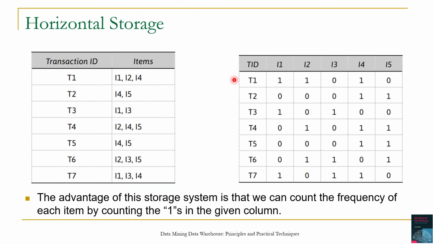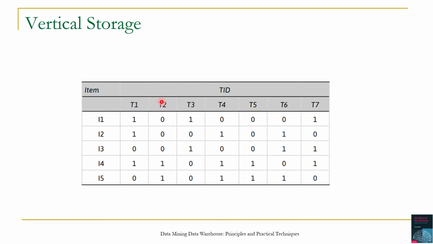In case of horizontal storage, transactions appear horizontally, while items appear vertically. So it is the arrangement of transactions which decides the terminology. The remaining concept is the same.